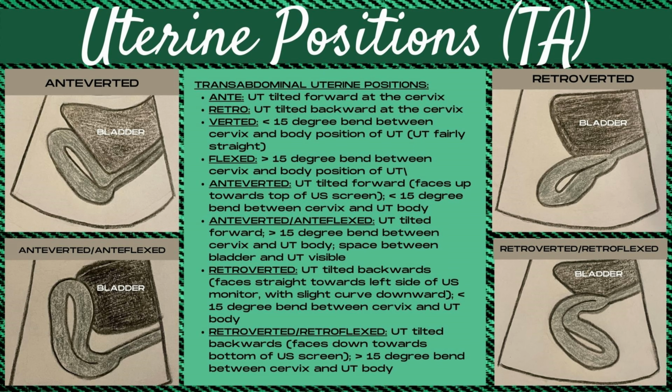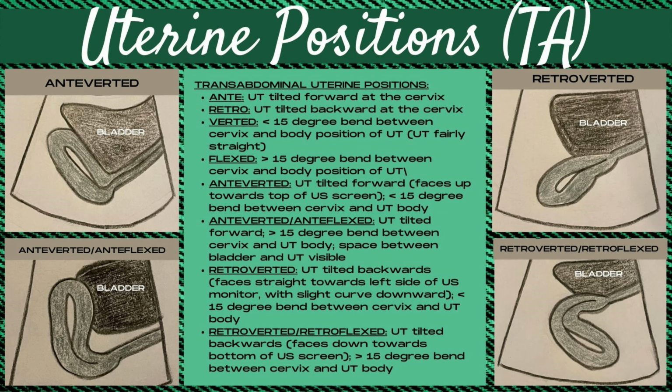There's a greater than 15-degree bend between the cervix and the uterine body, and the space between the bladder and the uterus is visible. Retroverted means the uterus is going to be tilted backwards, meaning it's going to face straight towards the left side of the ultrasound monitor with a slight curve downward, and a less than 15-degree bend between the cervix and the uterine body.